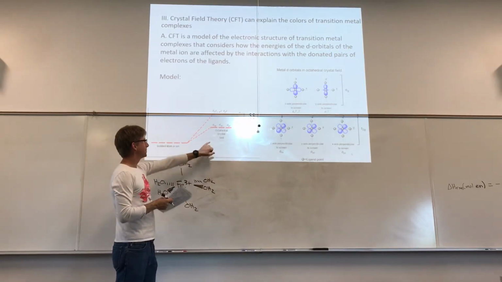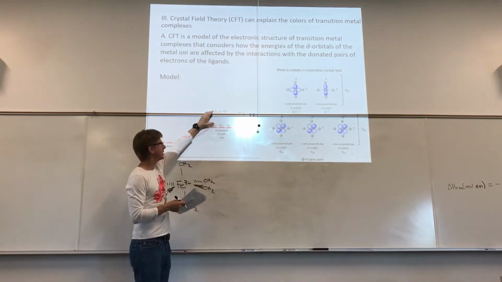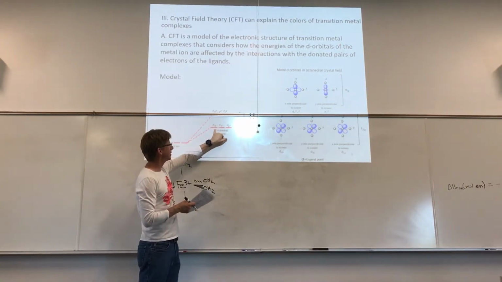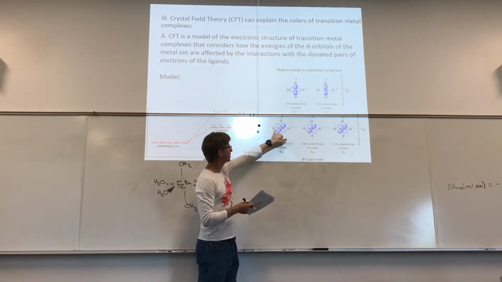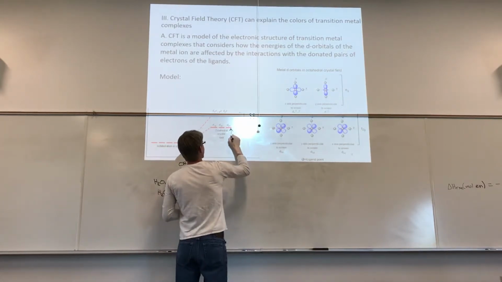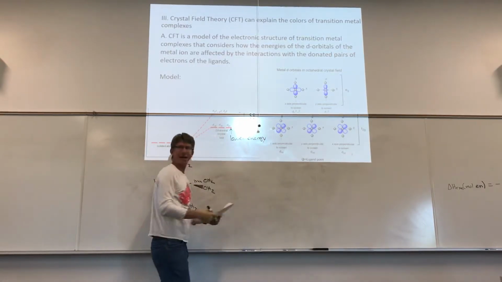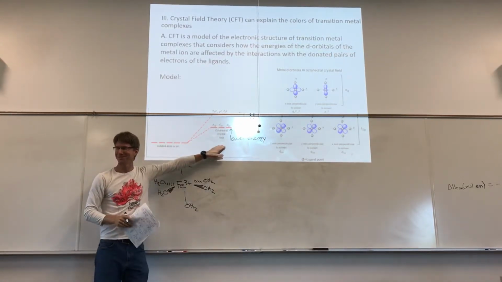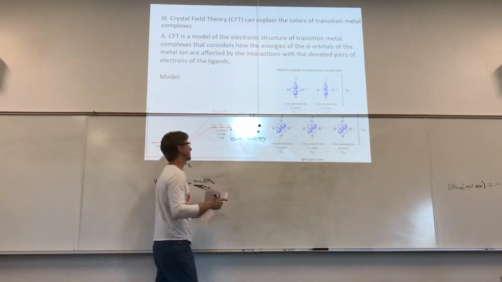Now, the first thing is you have a splitting of the d orbitals. The next thing is that when there's a splitting, these are the d orbitals that are farther from the ligands, and they're lower energy, because they're farther from the ligands.